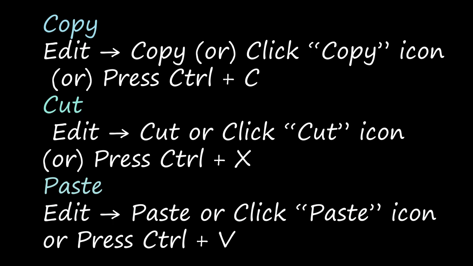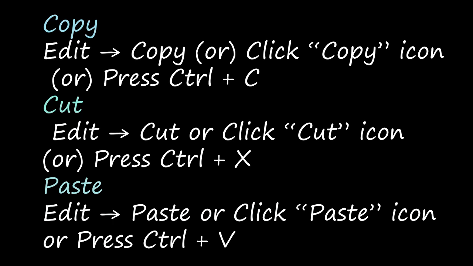The shortcut for copy is Control C. Then move the cell pointer to the cell in which you want to paste that data, and again click on Edit and select Paste, or click the Paste icon, or press the Control and V keys on the keyboard.